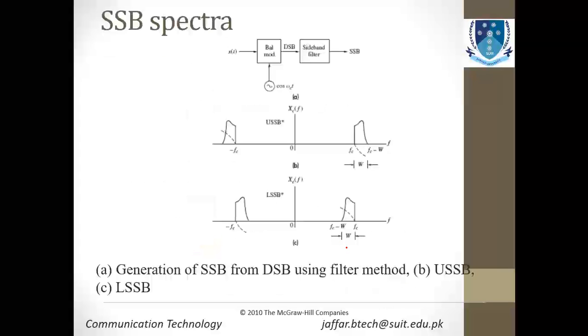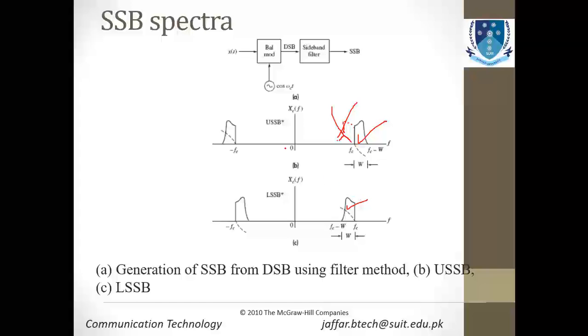If you see the spectrum of the single sideband, and recall the previous DSB, there was such a system. Now you have cancelled this sideband, so you are only focusing on one sideband. This is known as SSB.